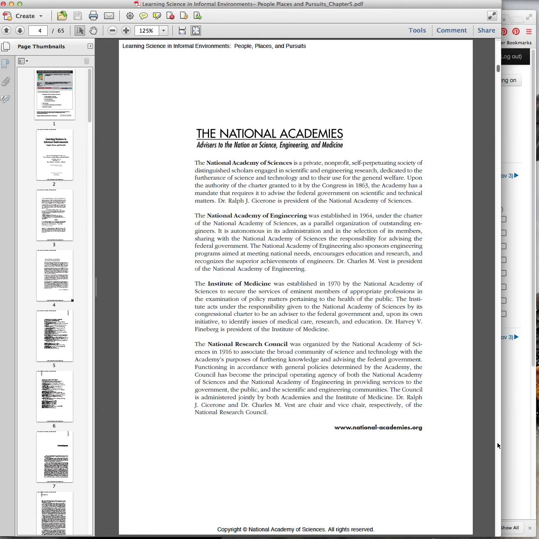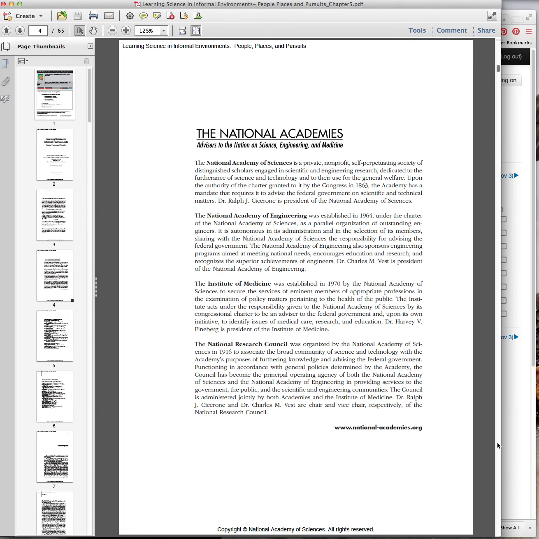I'm going to have you read a little bit of the summary. So you're going to start at the bottom here. You're going to start reading here. This tells you who did this report. It tells you where they gathered their information from, which is critical for understanding the report.